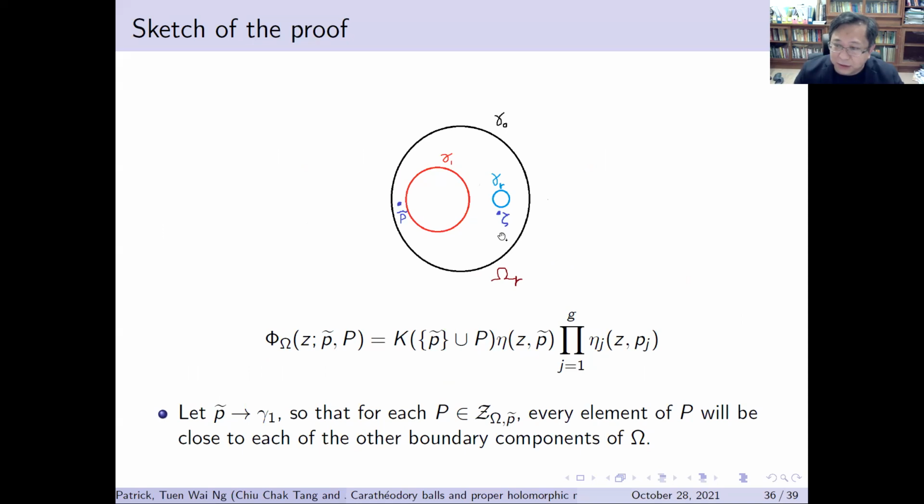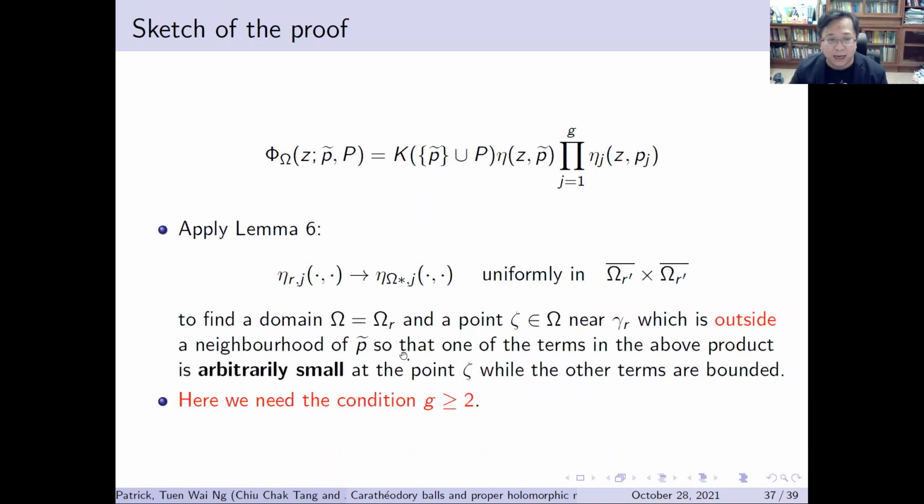This theta is chosen to be far away from a neighborhood of p tilde. Using this lemma, we can prove that if you look at the finite product here, one of the terms will be arbitrarily small at this point theta, and all the other terms are bounded.